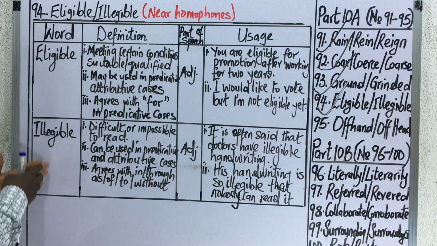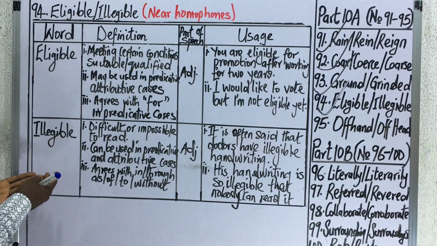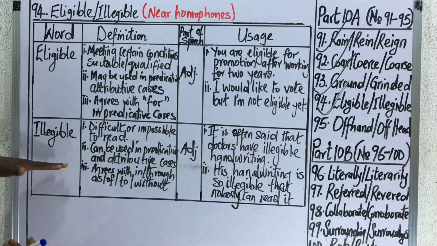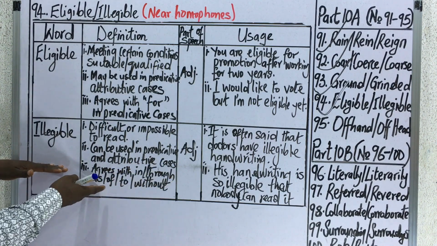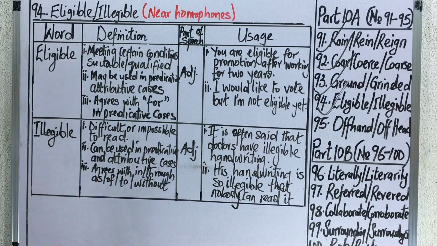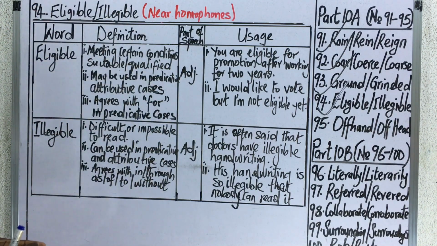In other words, it can be used as a predicative adjective or as an attributive adjective. And talking about the prepositions that agree with it, we have things like in, through, as, of, to, and without.